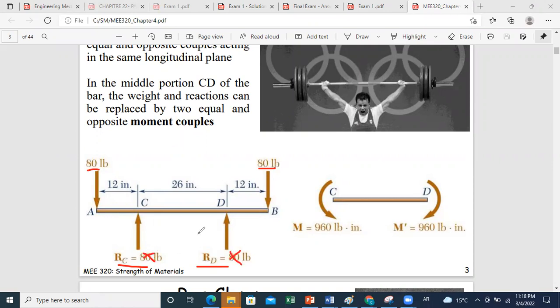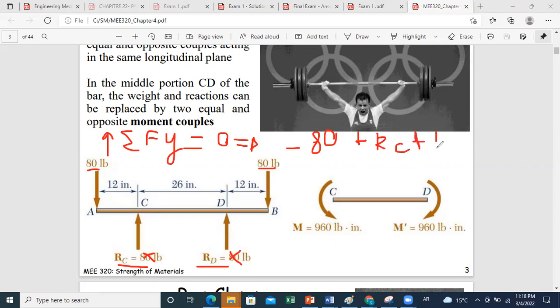So you need to write two equations of equilibrium for your beam or your part AB. The first equation is the sum of forces along Y equals 0. If you consider the y direction positive upward, you have minus 80 plus RC plus RD minus 80 equals 0.